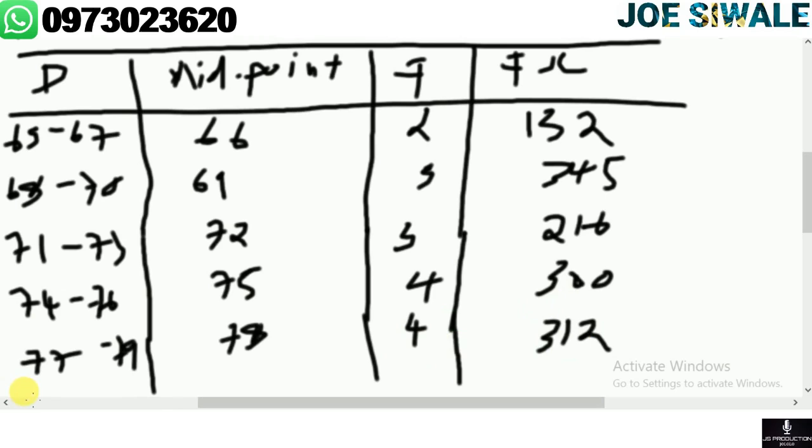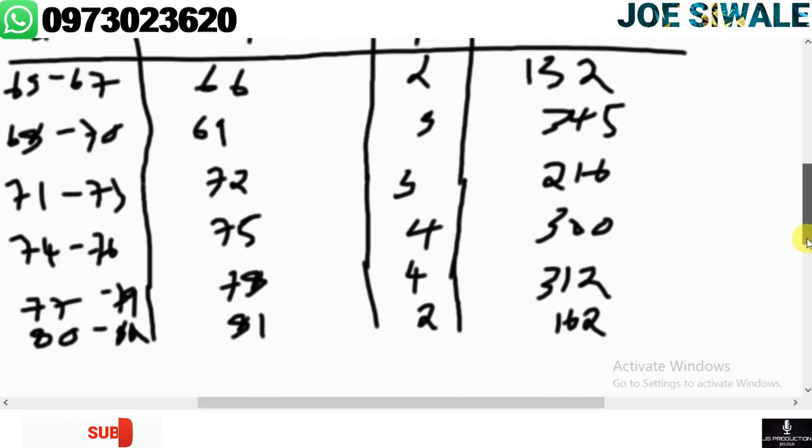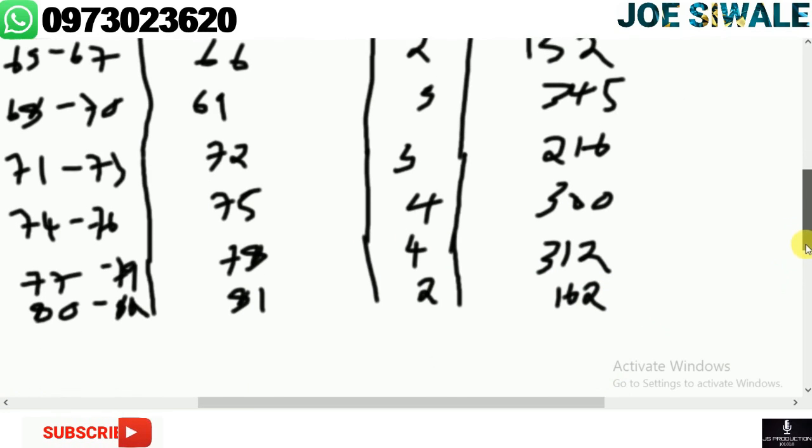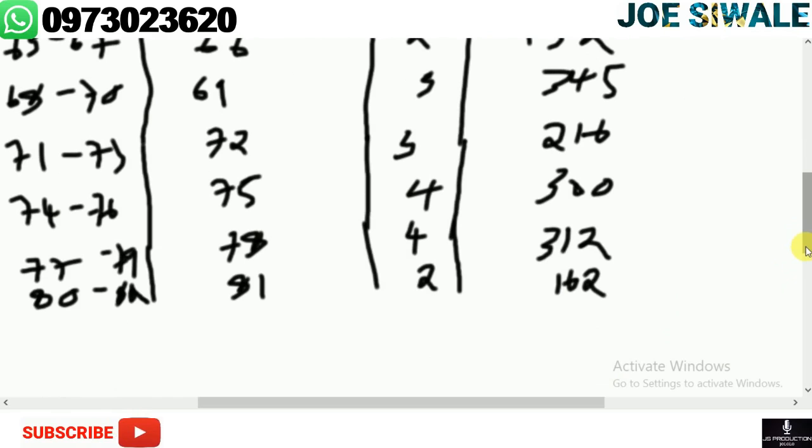Then we also have 80 to 82. The midpoint there is 81, and the frequency is 2. 81 multiplied by 2 is 162. So now we're going to find the total of the frequency and the total of f of x.